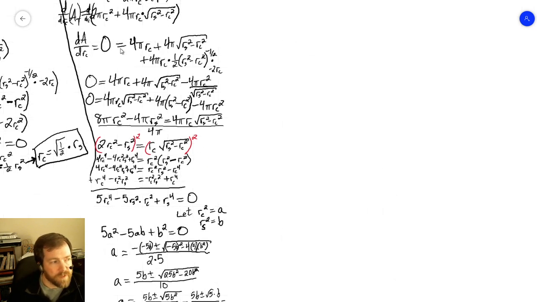Alright, so when we took the derivative, this is RC, so it is a variable. It's going to be 4 pi RC plus 4 pi R gets eliminated, and then we're just left with the rest of that. Okay. Here.